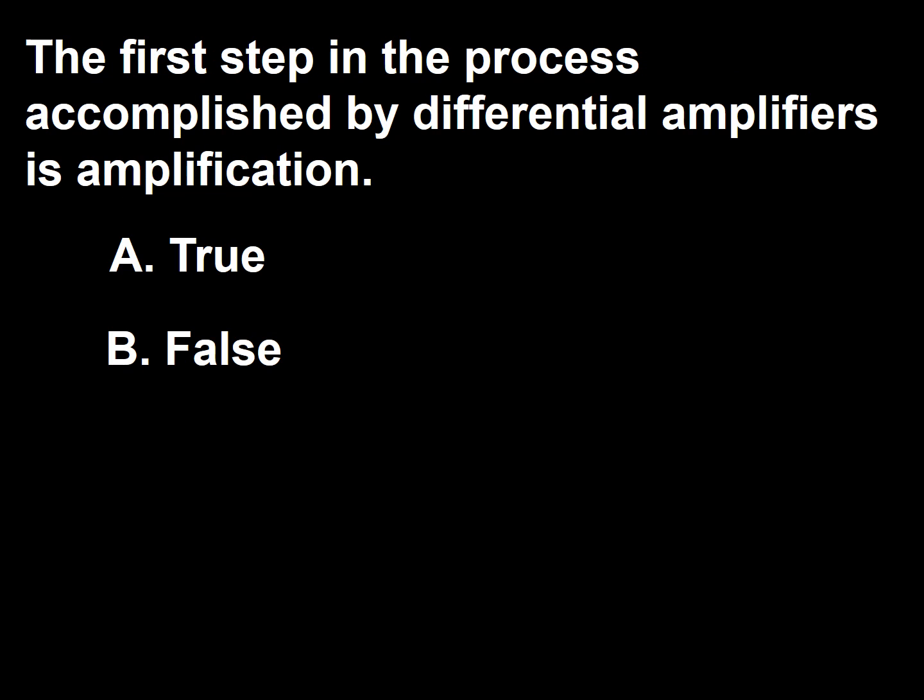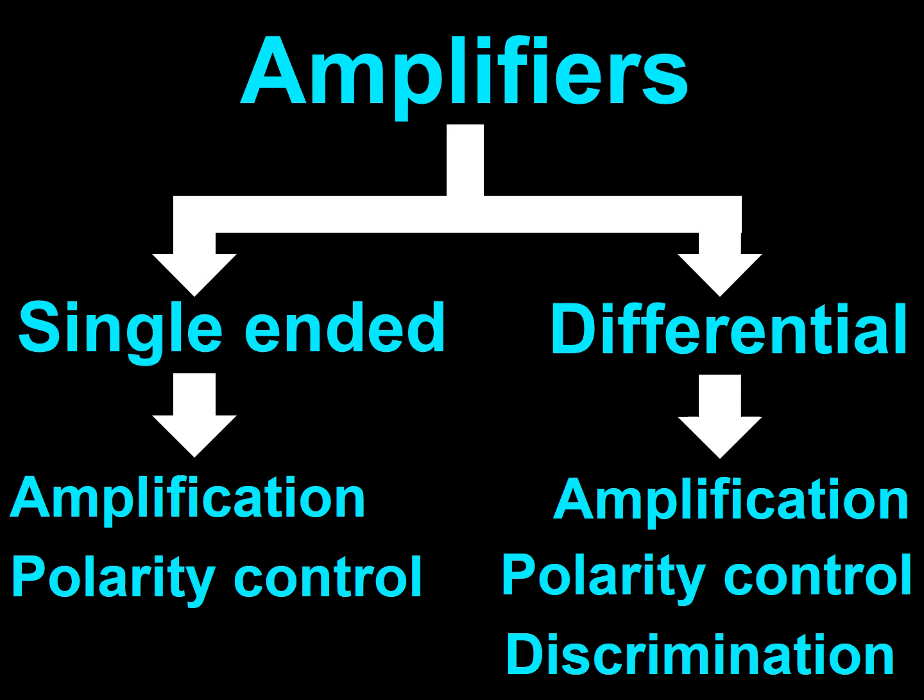Next question. The first step in the process accomplished by differential amplifiers is amplification. A true, B false. If you recall, when we started this talk, we said that there were two types of amplifiers: single-ended and differential amplifiers.